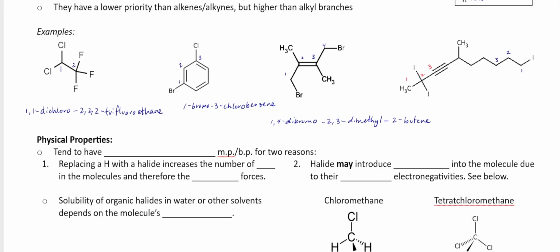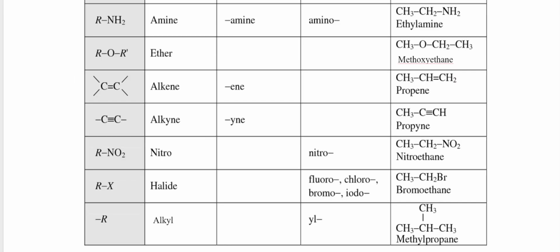Well, we should give the triple bond the lowest possible number, because it has a higher priority than iodine in the priority chart. Here's the priority chart, and you can see that triple bonds rank over halides in terms of priority, so the triple bond has to have the lowest possible number. And so we have to number it such that the triple bond gets the lowest possible number.